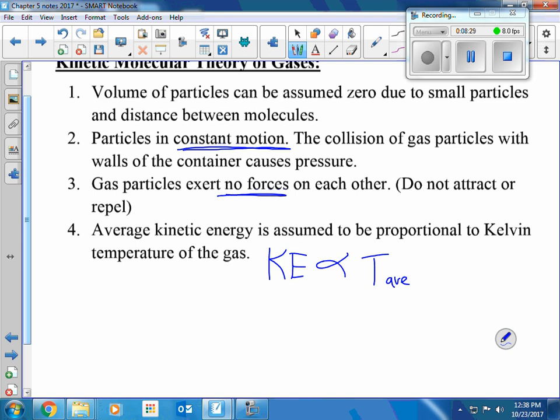And collisions are elastic, meaning the energy is conserved, which is a great thing because think about that tire. We want to keep it inflated. We have a closed system and we push all that gas in there. If energy wasn't conserved, our tire would never stay pumped up. So it is a good property that the gas molecule collisions do remain elastic.